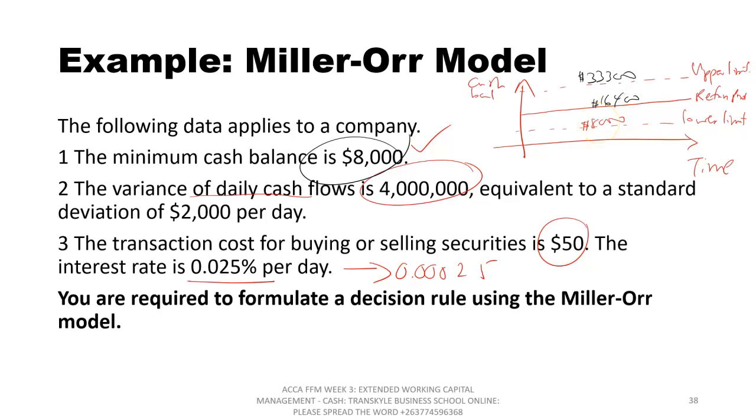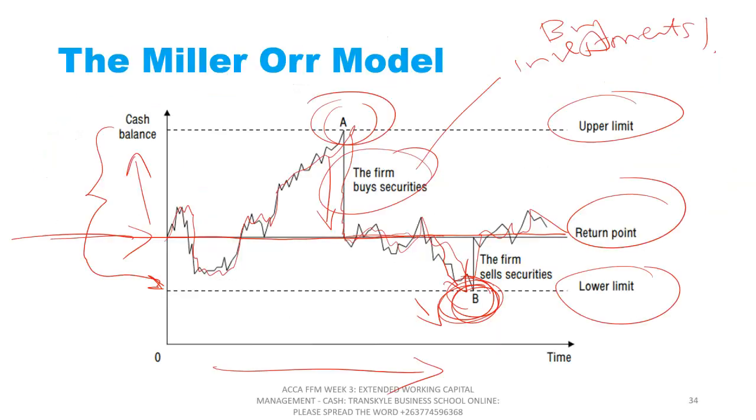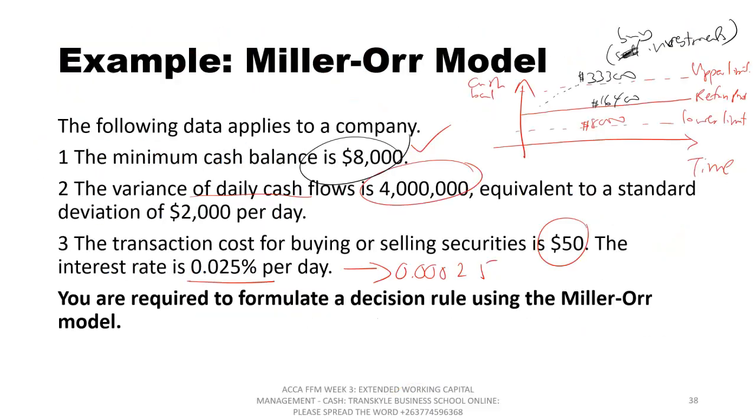Okay, now we know the principle. If cash reaches this point, we need to what? Here we buy investments, or buy securities. Let me just refer back. Yes, we buy here. And we buy by how much?